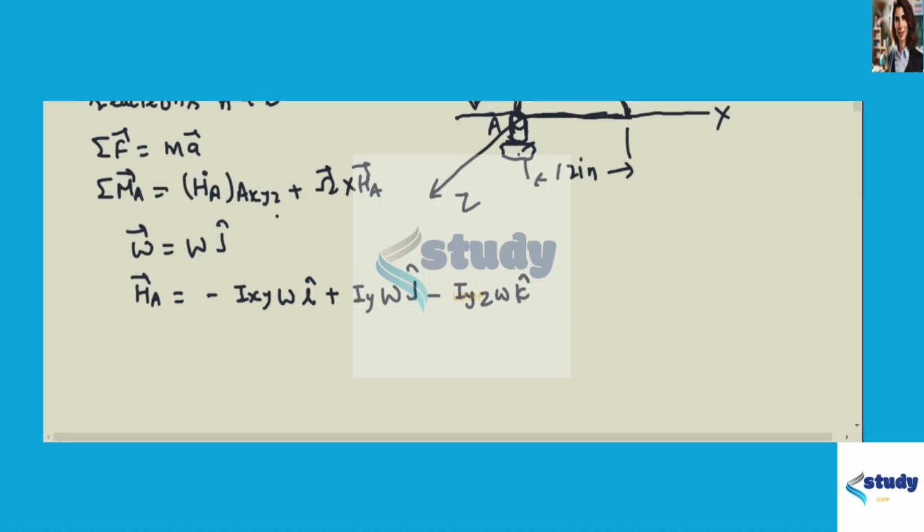The moment of inertia of the triangle, Iy by area, is 1 by 12 b cube into h.